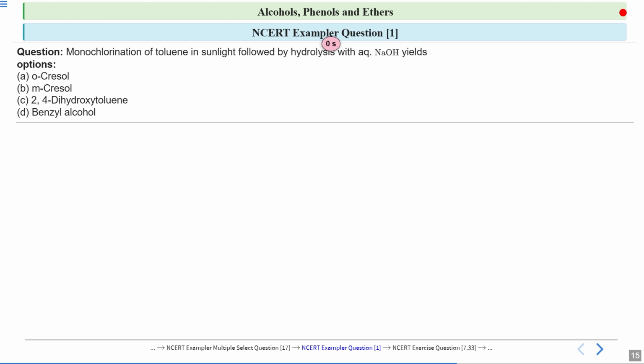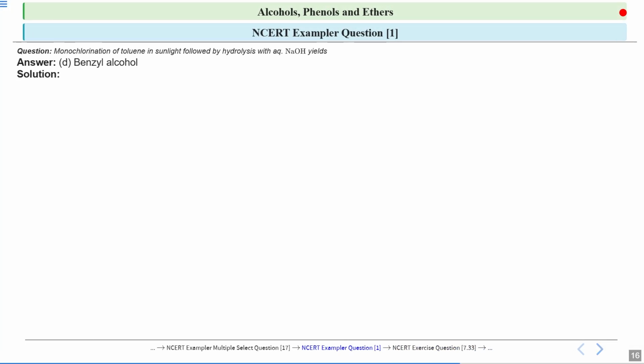Okay, students. So let's see the solution of this particular question. First, the right option for this question will be D, that is benzyl alcohol. Now let us see how this answer comes. Whenever you're talking about monochlorination of toluene, you all know the structure of toluene, that on a benzene ring a CH3 group is attached. Whenever we talk about monochlorination of toluene, when the reaction is done in the presence of sunlight, it gives us benzyl chloride.